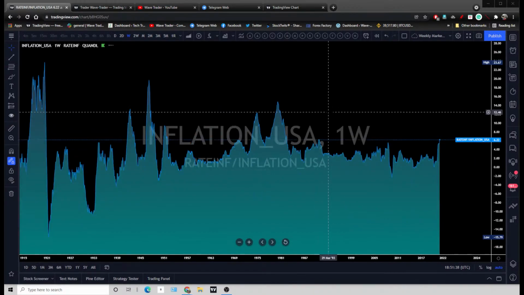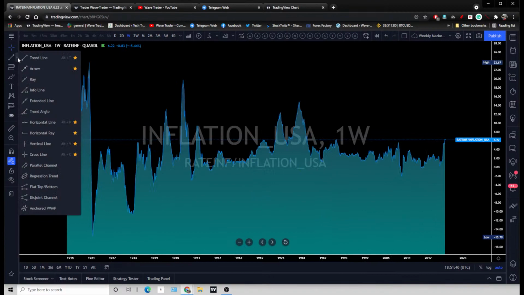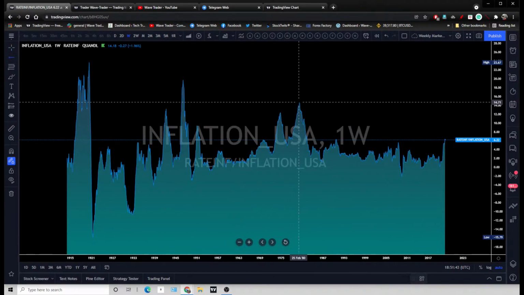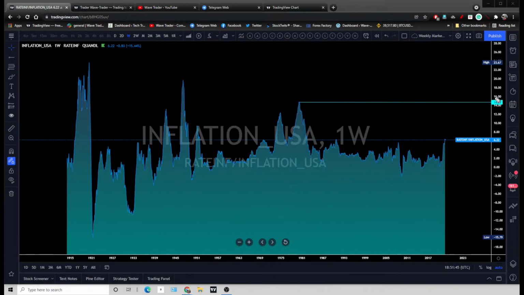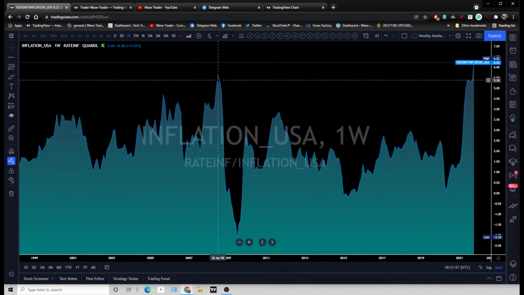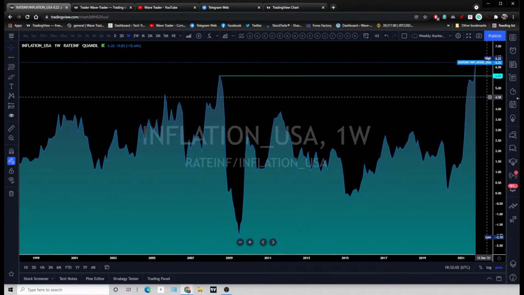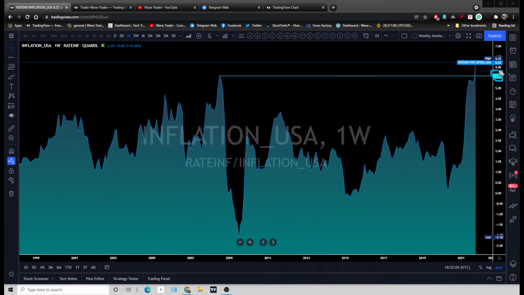We have seen inflation at 14% in 1979. In 1979 inflation went up to 15%, and we saw inflation in 2008 right there above 5.60.